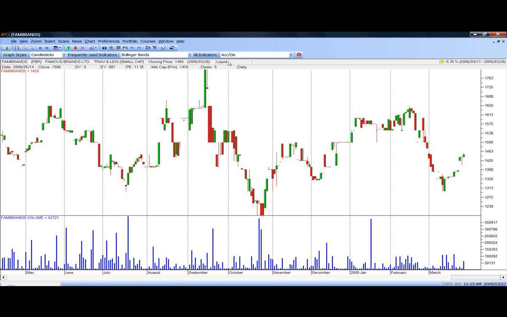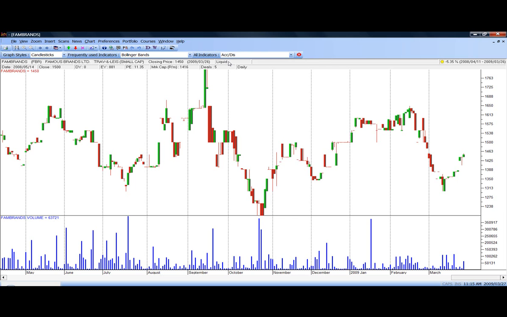It also shows liquid. Now liquid actually means whether a share is tradable or not tradable. We have four indicators, starting with highly liquid, followed by liquid, then illiquid, and highly illiquid.